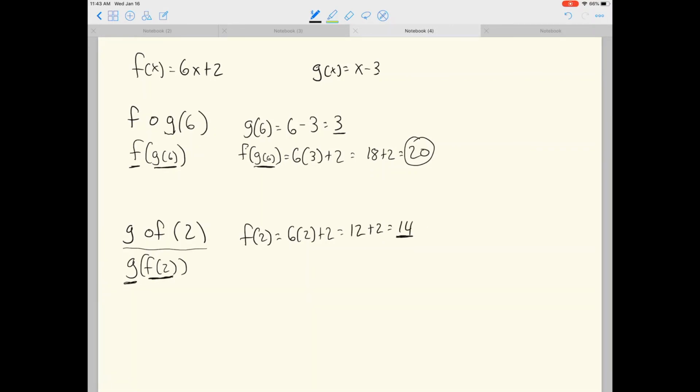And this 14 I plug into my g of x. So g of f of 2, or g of 14, is equal to 14 minus 3, which is equal to 11.